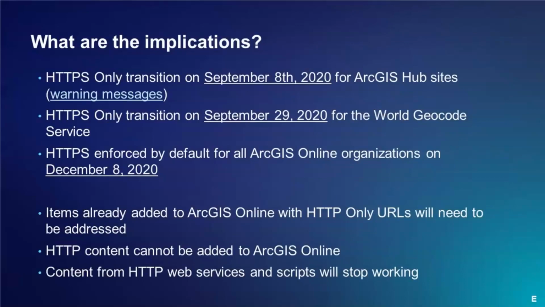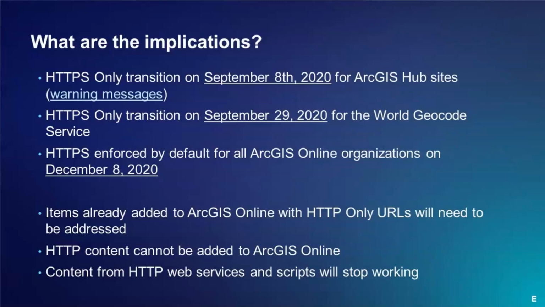If that's the case, a browser security warning will pop up for people who try to view these links or pages on your hub site. On September 29th, geocoding service requests using the World Geocode service must communicate over HTTPS only. After September 29th, those who use HTTP communication in their World Geocoding service requests will receive an error message. The error message indicates that the protocol is not supported.